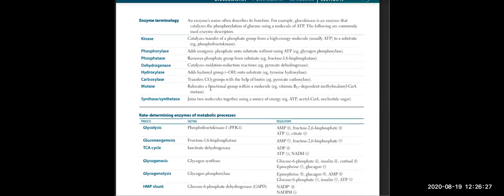The same thing they have written over here, that carboxylase transfers this carbon dioxide group with the help of vitamin B7, which is biotin. And they have given the example of one carboxylase, that is pyruvate.